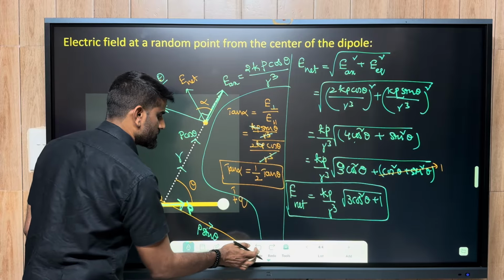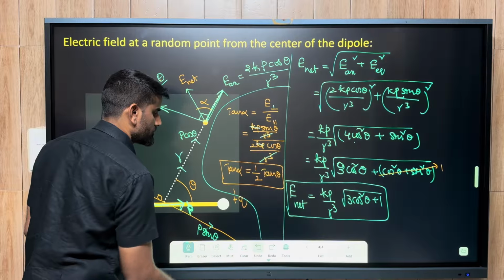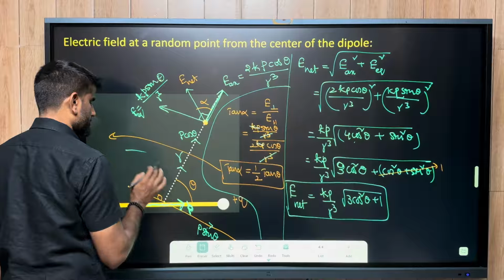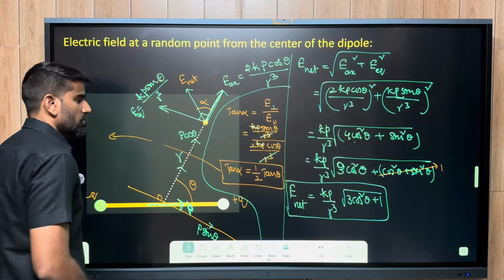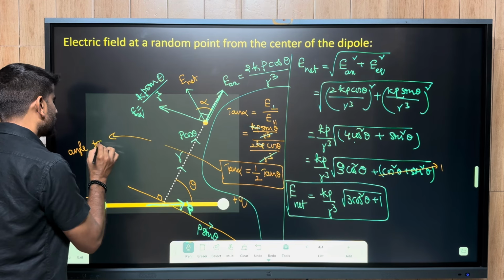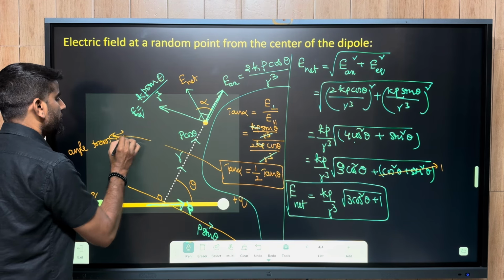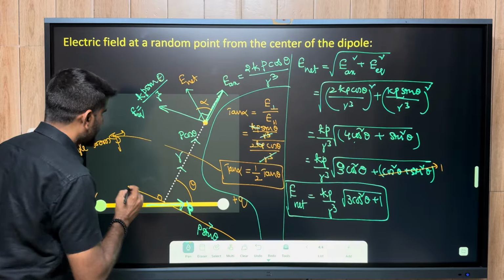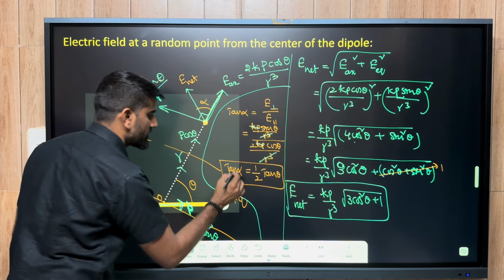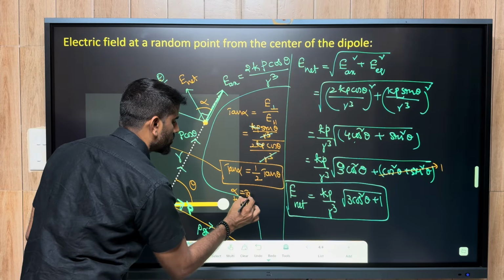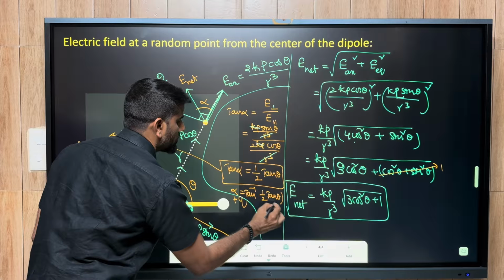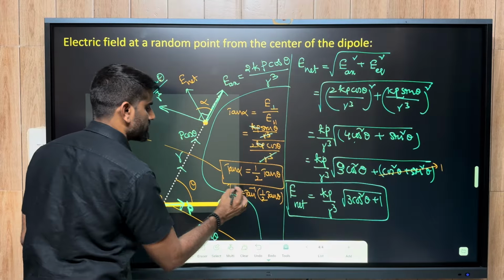So the angle from the dipole moment P vector is theta plus alpha. What is alpha? Alpha is equal to tan inverse of 1 by 2 tan theta.